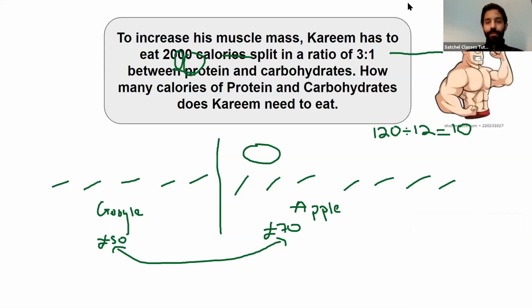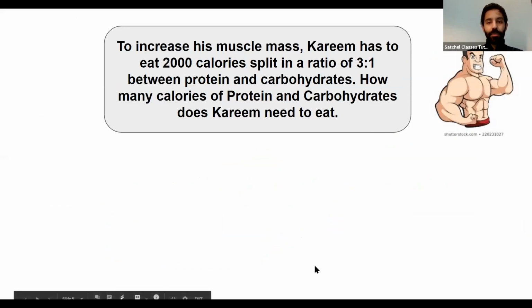So again, if I just clear all the drawings, it says to increase his muscle mass, Kareem has to eat 2,000 calories split in a ratio of 3:1 between protein and carbohydrate. How many calories of protein and carbohydrates does Kareem need to eat? Okay, so again, we have 4 parts in total.